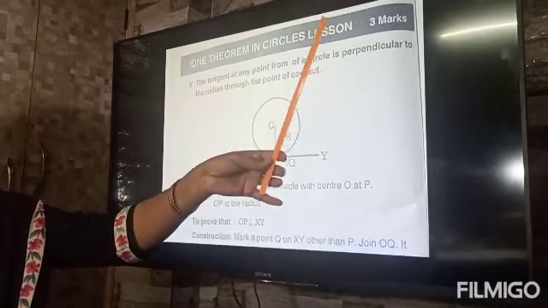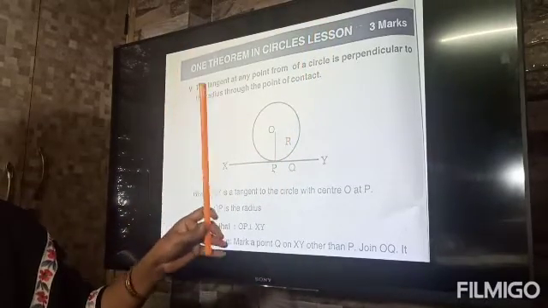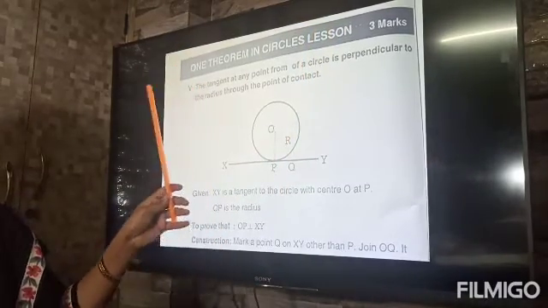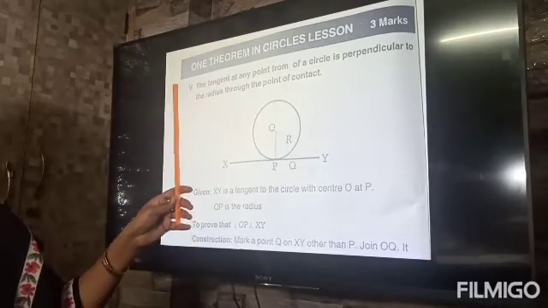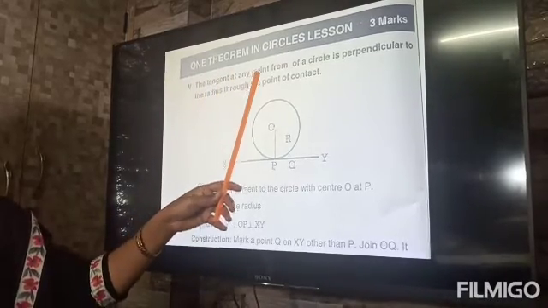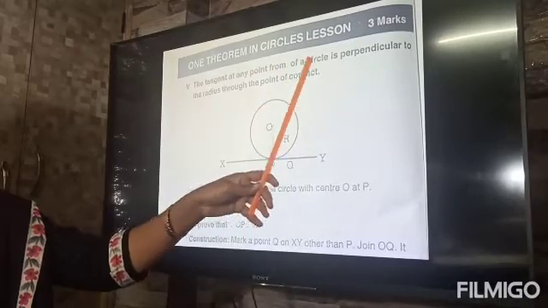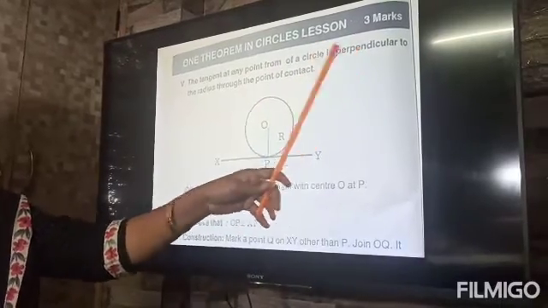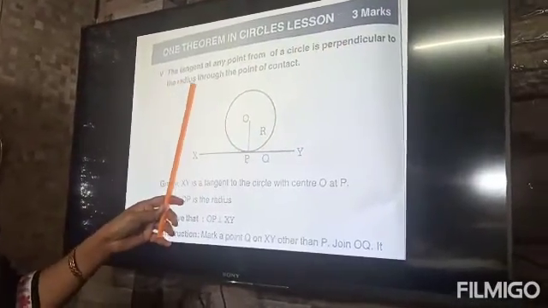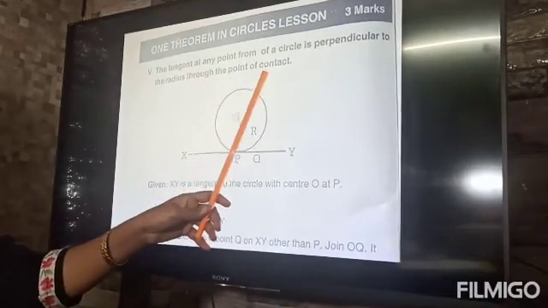From the circles chapter, the first theorem is: the tangent at any point of a circle is perpendicular to the radius through the point of contact.